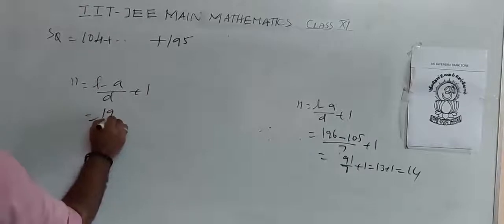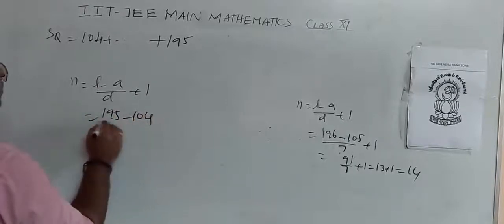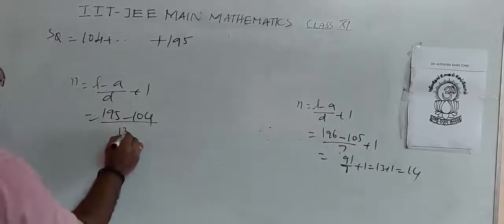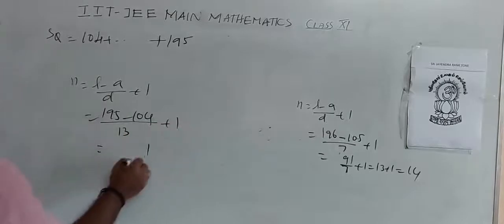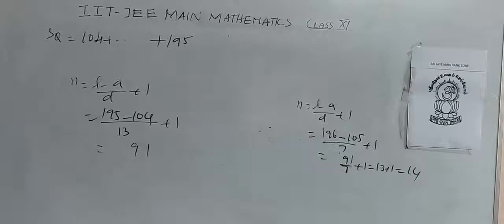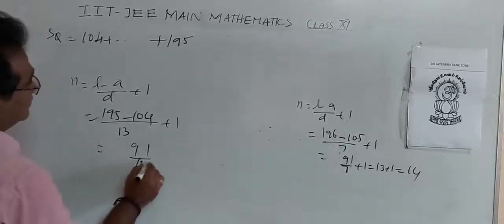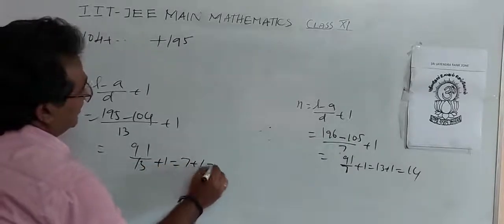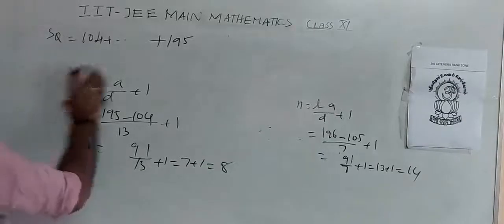So (195 minus 104) by 13 plus 1, so 7 plus 1, 8 terms.